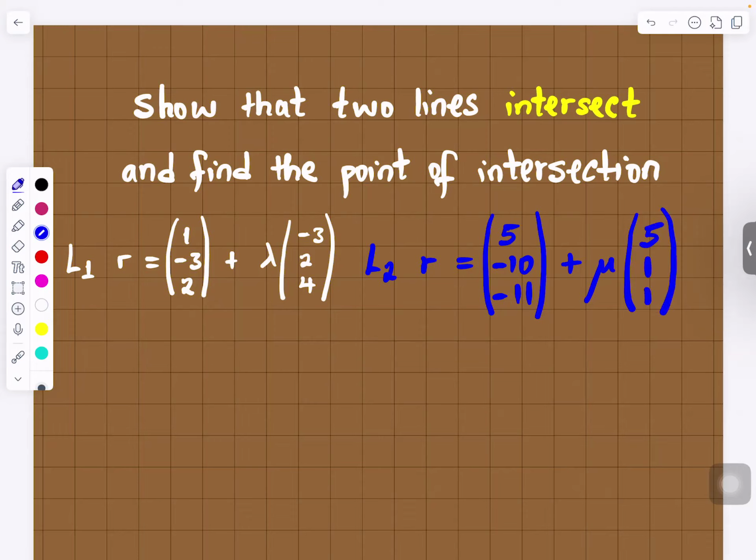Right. Can you see the two lines clearly? Yeah. Okay. So when you finish writing that, let me know.